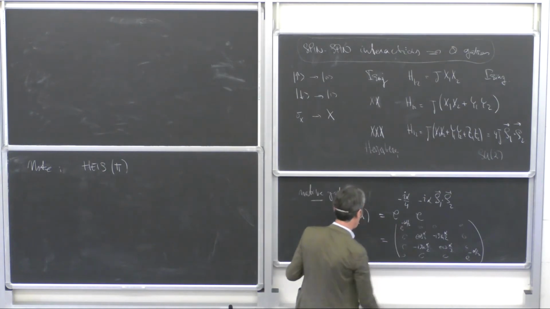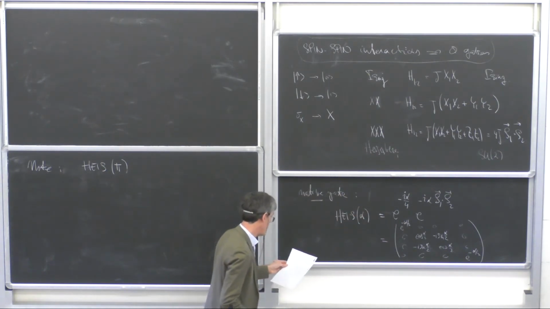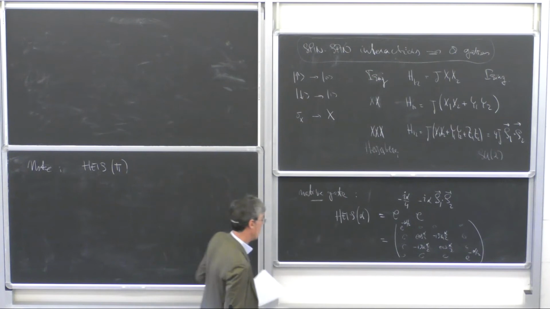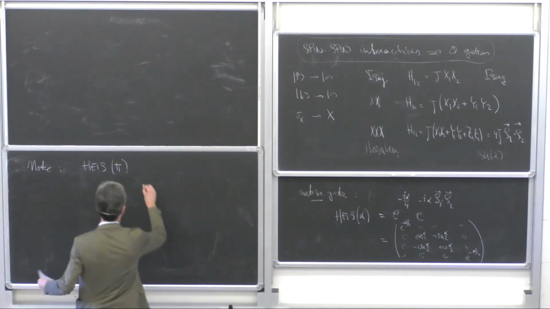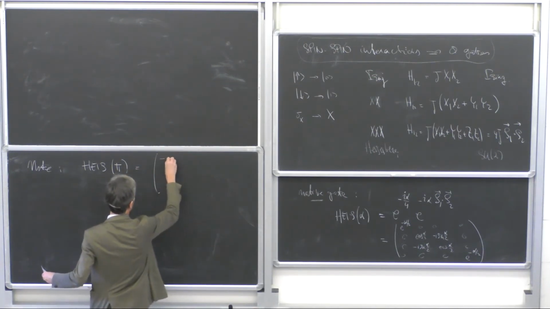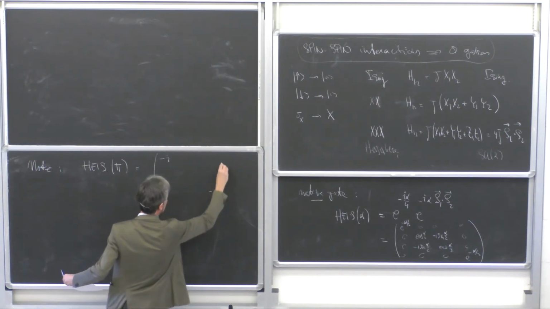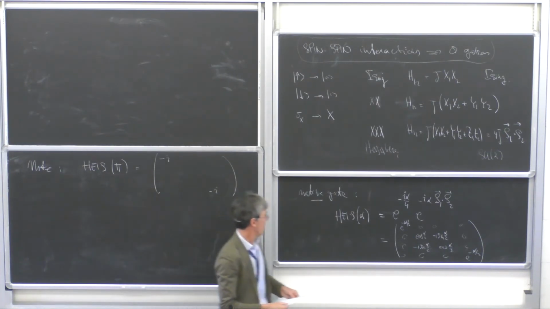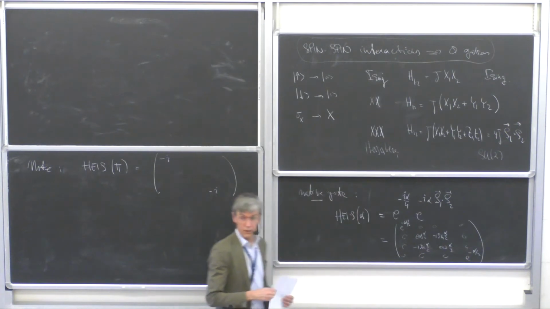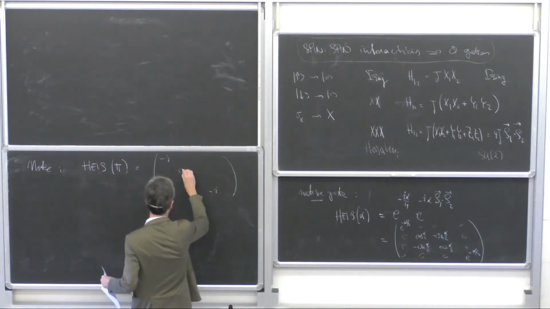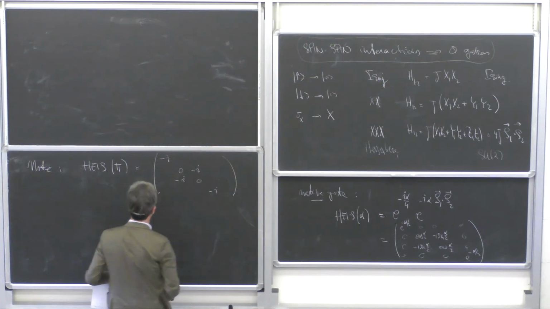The top thing there becomes minus i, and minus i down here. And then the cosine vanishes, and I'm left with minus i off diagonal. So I have this thing here, minus i, 0.